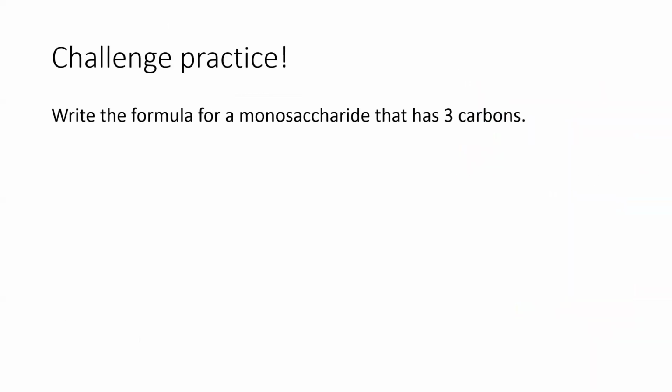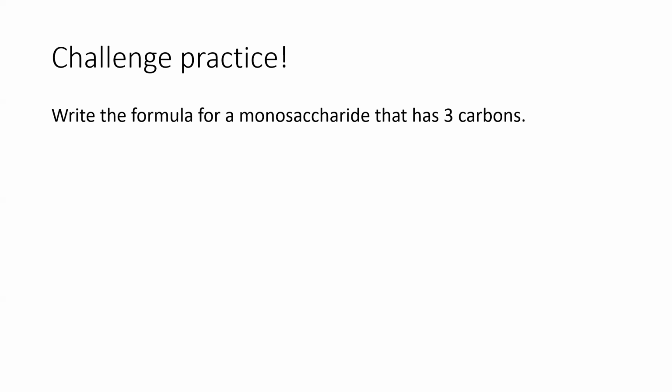Here's that challenge problem I promised. I want you to start here: write the formula for a monosaccharide that has 3 carbon atoms. Once you're ready to talk about the answer, let me know.